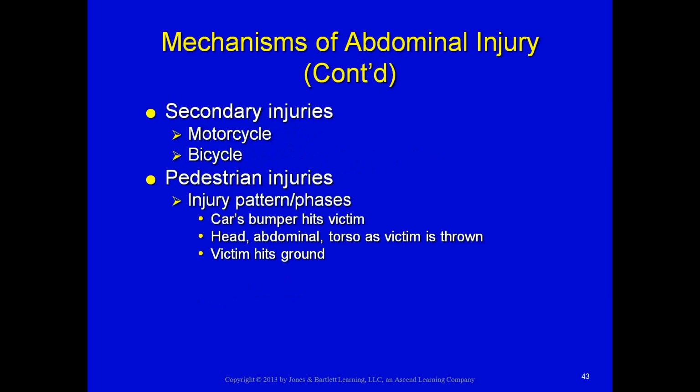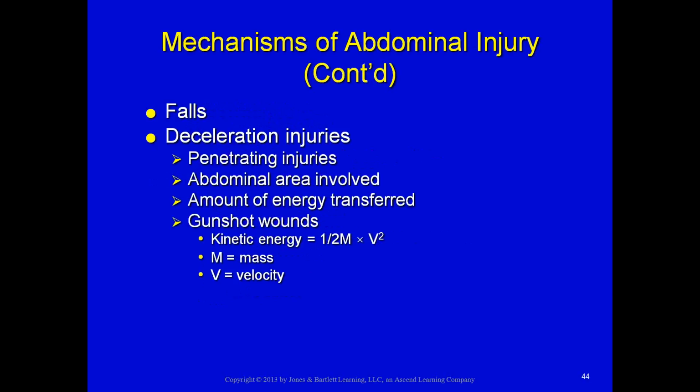With pedestrian injuries, the injury pattern or phases, you've got the car bumper hits the victim, the head, the abdomen, the torso is thrown, and they may go up and land on the dash and the windshield. Depending on their size, they may go down and under the vehicle where they're run over. If they are thrown up and they hit the dash and the windshield, then they'll often bounce off of that and hit the ground. So you have multiple injury patterns with pedestrians being struck by vehicles.